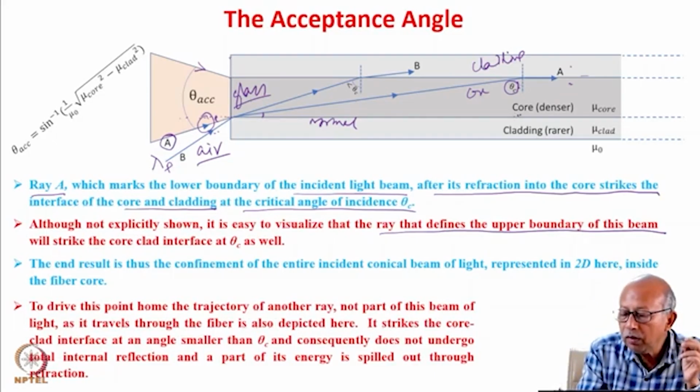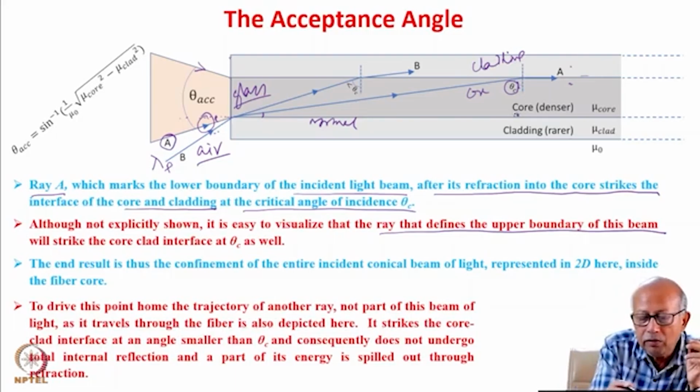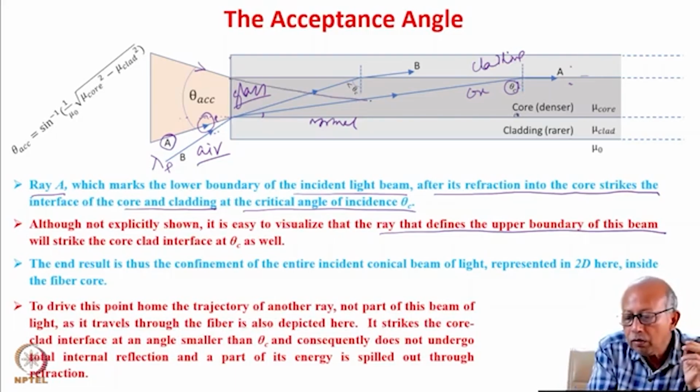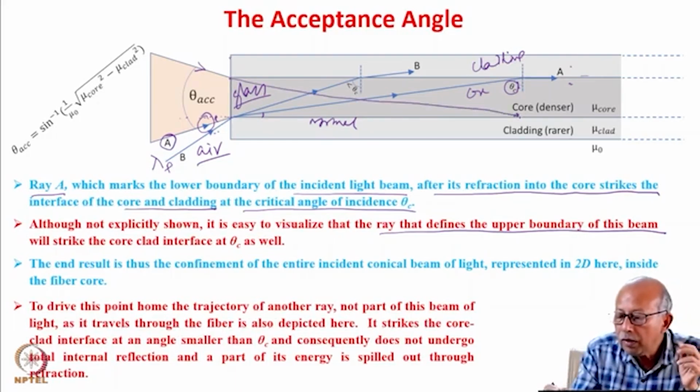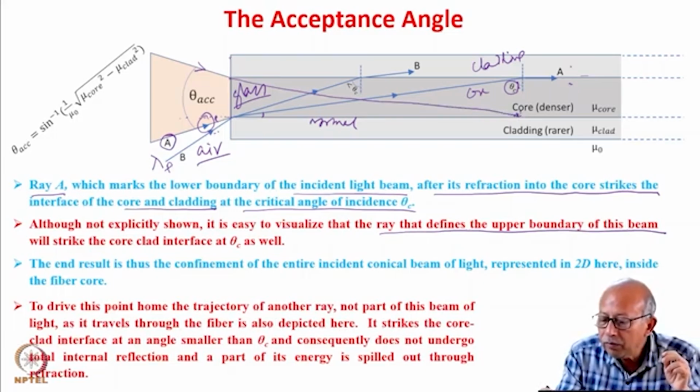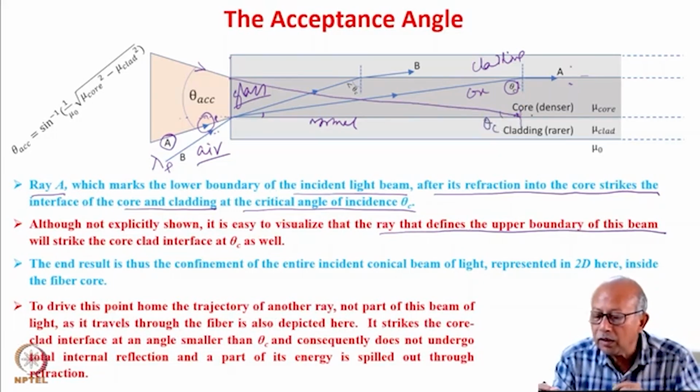and it can be shown that this ray too will fall on the other side at an angle which is again theta c, that is the critical angle, and therefore would graze over the core-clad surface once again.